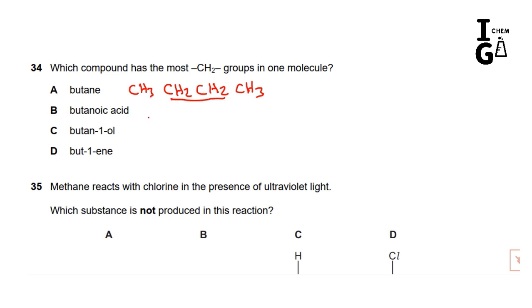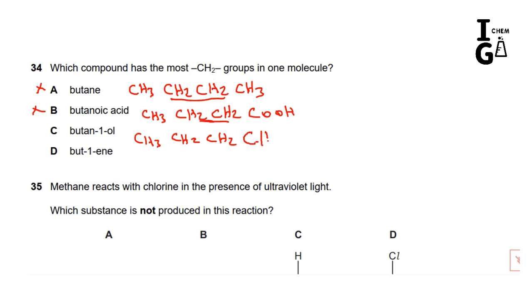For butanoic acid, we have CH3, CH2, CH2, and then COOH. So here we have also the same. So it means this is not correct, because they are the same. Butan-1-ol, it means CH3, CH2, CH2, and then the last carbon should be CH2OH.